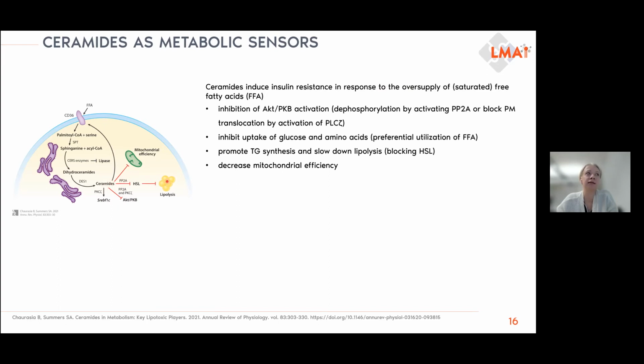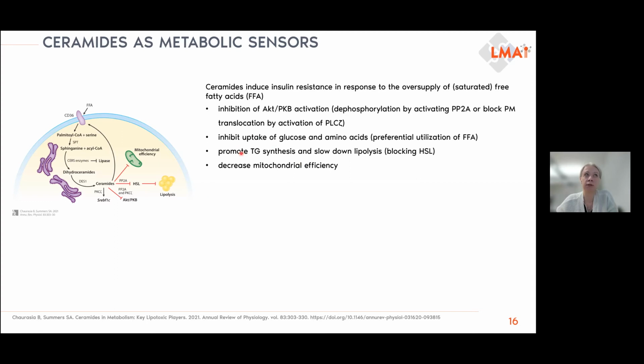And in this case, ceramides actually signal by inducing the inhibition of AKT signaling, so insulin signaling, in this way. They also inhibit, obviously, uptake of glucose and amino acids. So actually to use free fatty acids as the main source of energy, to consume them as much as possible.